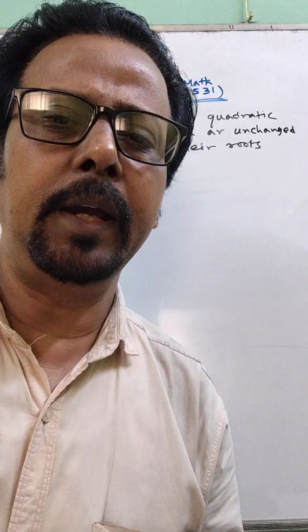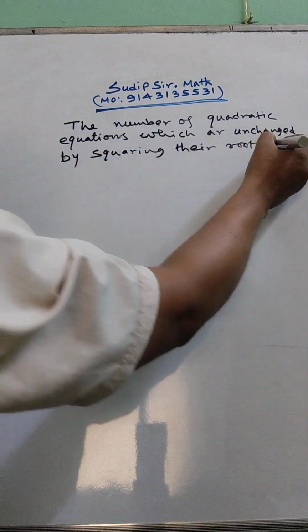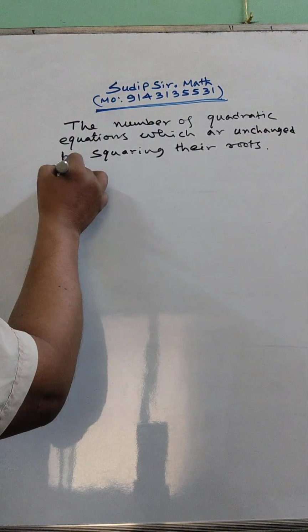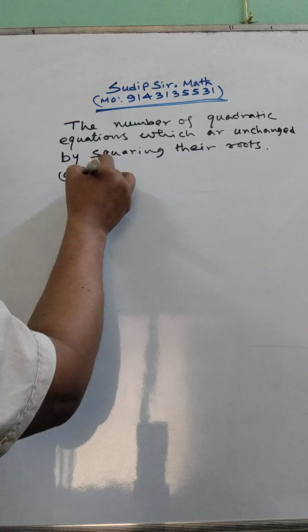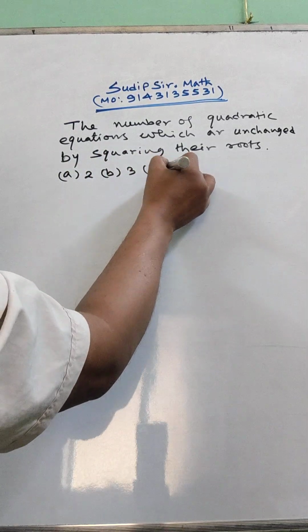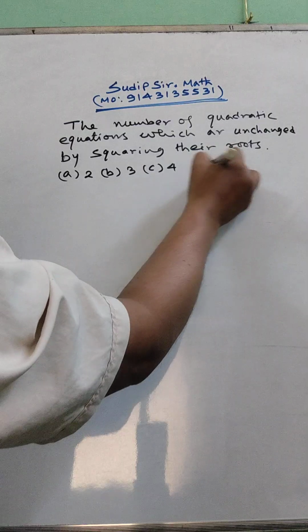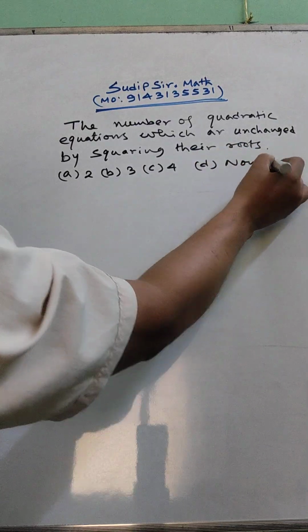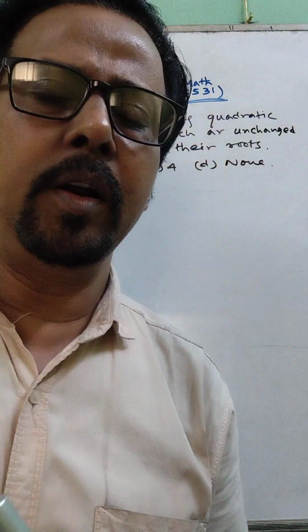So this is the question with option A is 2, B 3, C 4, D none. That is none of this.